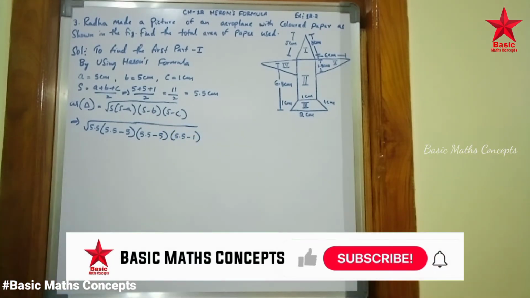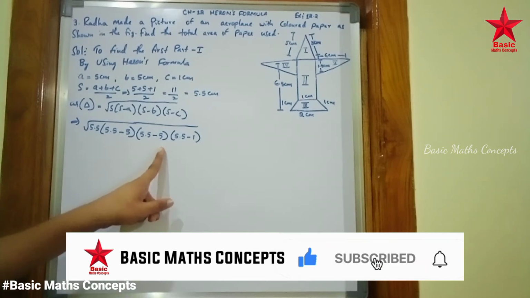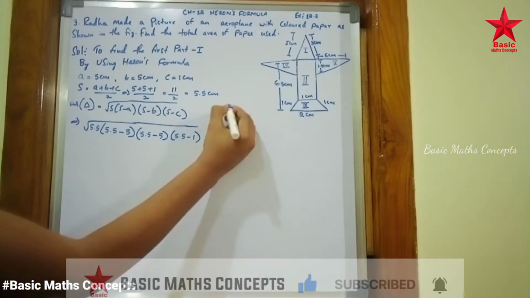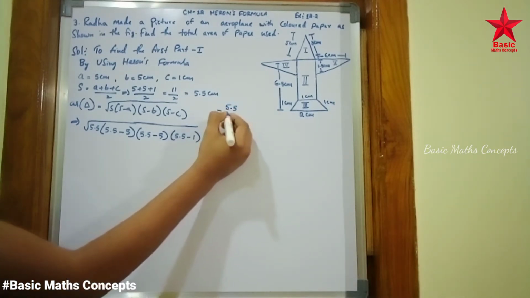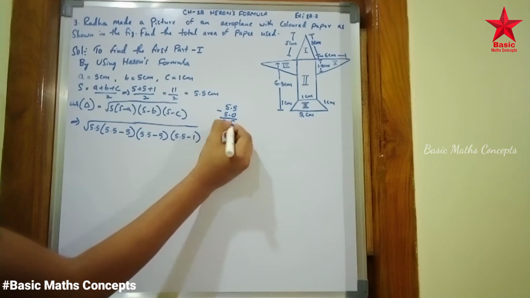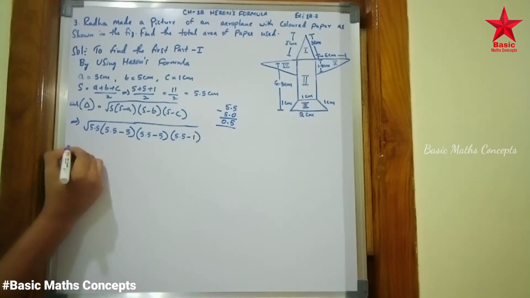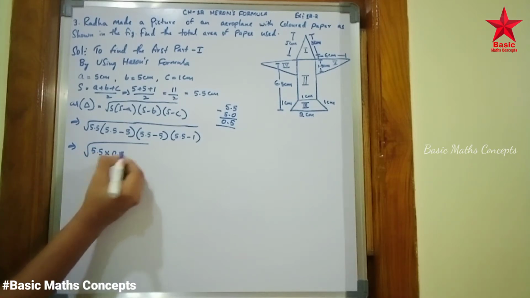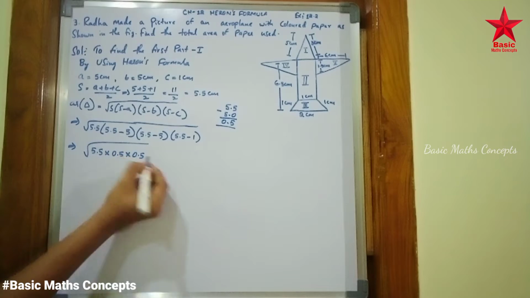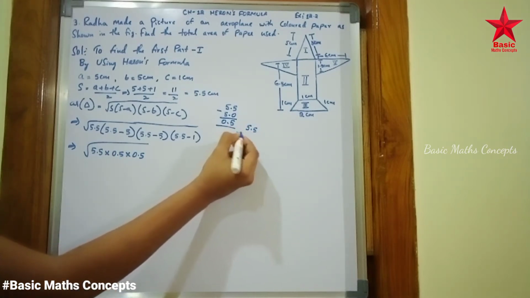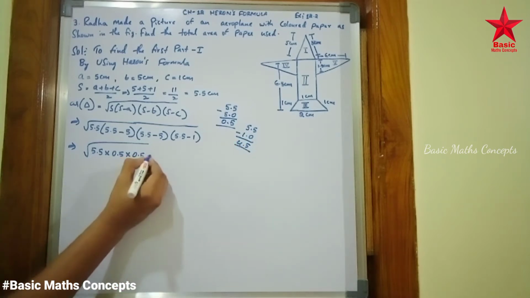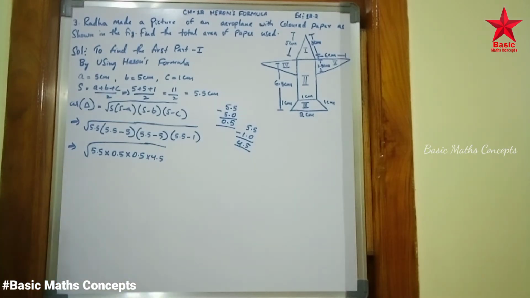Subtracting, 5.5 minus 5 is 0.5, and 5.5 minus 1 is 4.5. So root of 5.5 into 0.5 into 0.5 into 4.5.